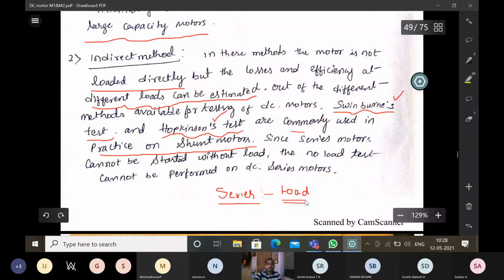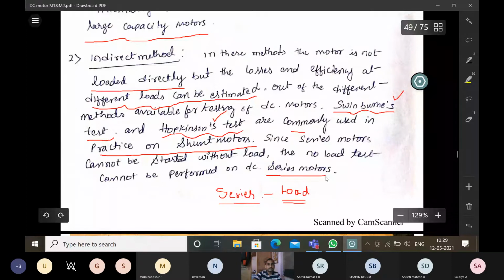Series motors perform only with load, so it cannot be started in a no-load condition. The no-load test cannot be performed for the DC series motor.